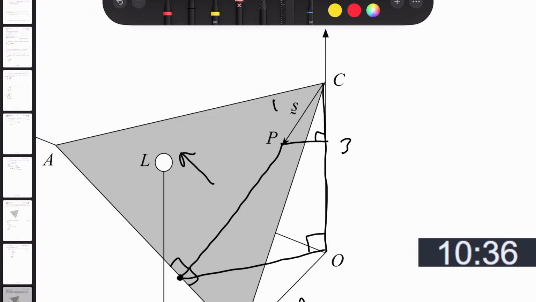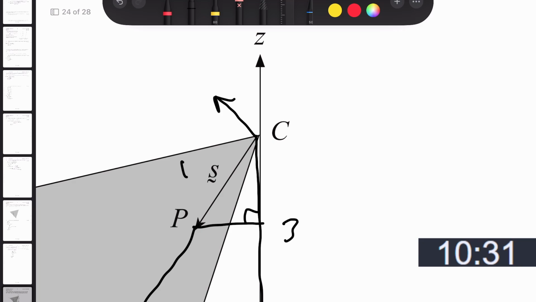So we have some normal vector going that way. Draw that normal vector here.